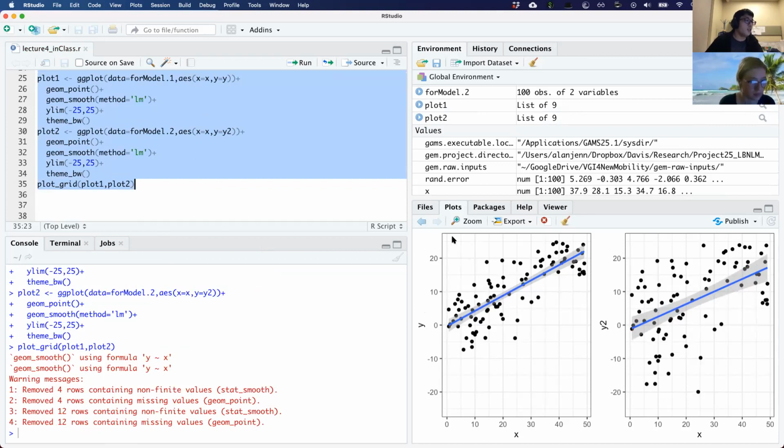So if we look at our comparison of the first example and the second example, you can see that the spread of the data is quite a bit larger, and it's leading to a larger standard error and therefore larger confidence intervals around our estimate of the fit.